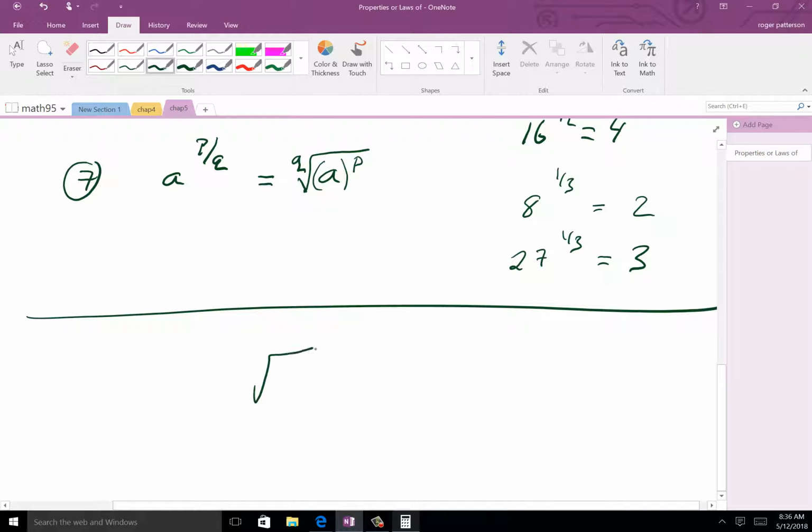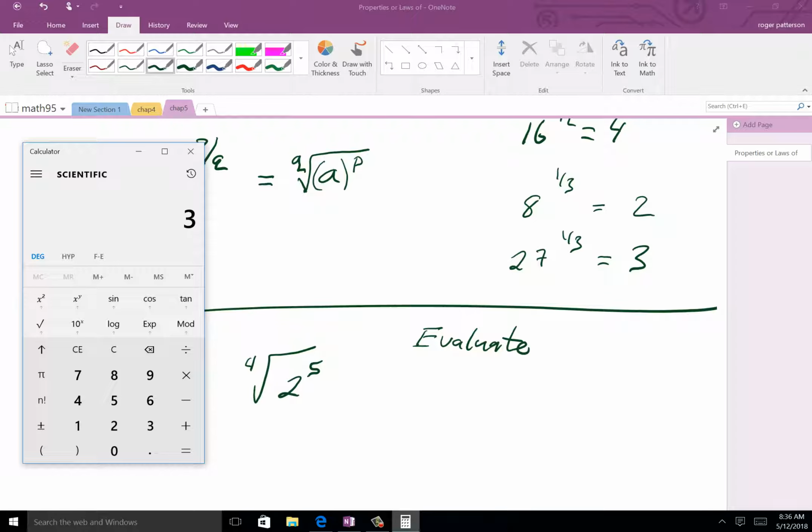So if we have, say, for instance, the 4th root of 2 to the 5th. I'm just going to evaluate this, which means I can use my calculator, and I can use decimals. It doesn't really matter.